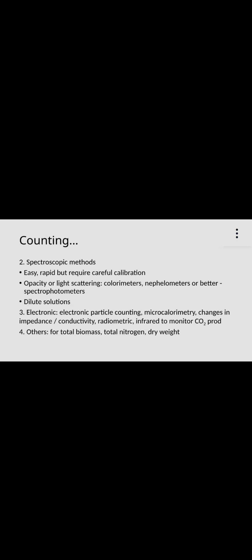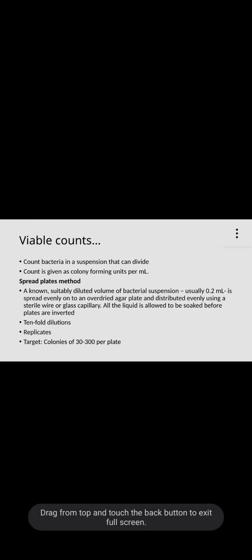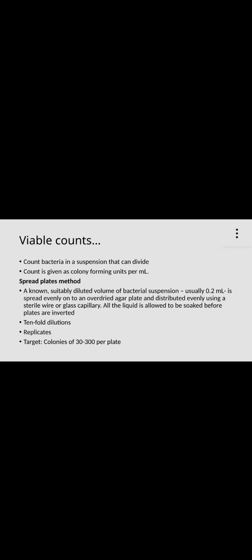So the technique involves diluting a known volume of the bacterial suspension and then spreading a specific volume onto an over-dried agar plate.